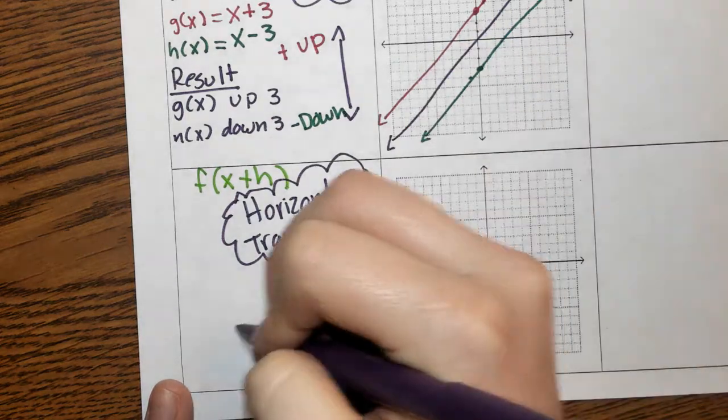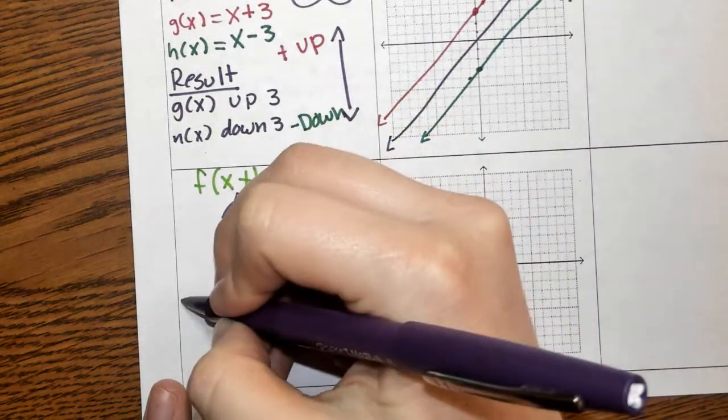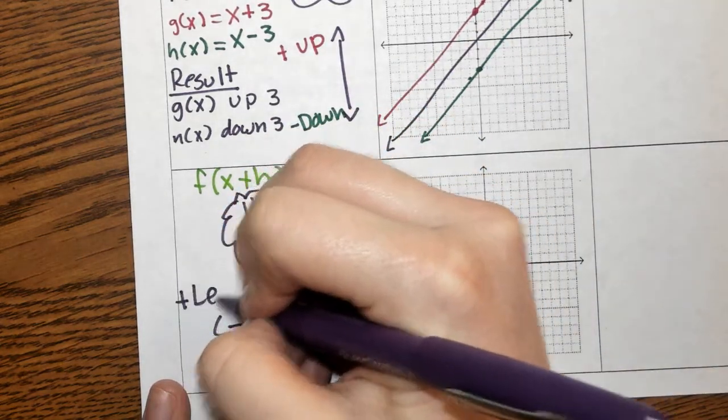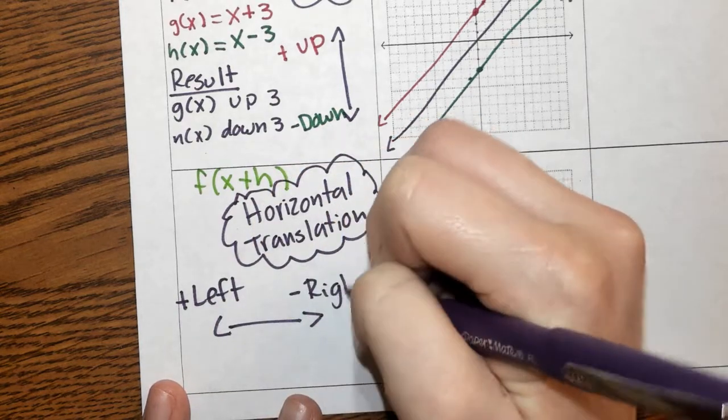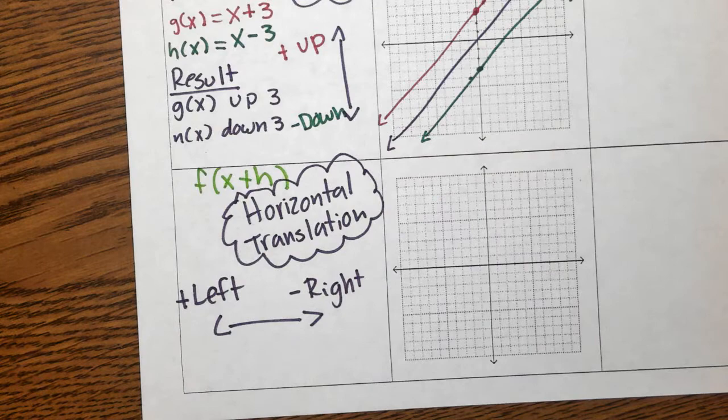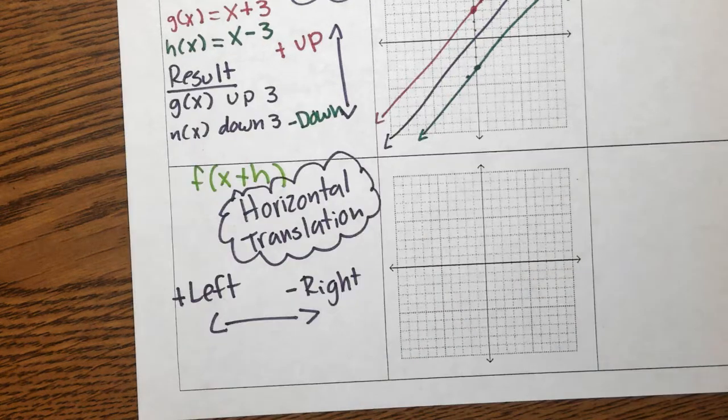And all I'm going to tell you right now is that if it is positive, it moves left. And if it's negative, it moves right. And again, you will not see this on the test. Okay, I've already gone through it. But I want you to have this minimal information just so that you can have it in the back of your brain for whenever we talk about quadratics next semester.